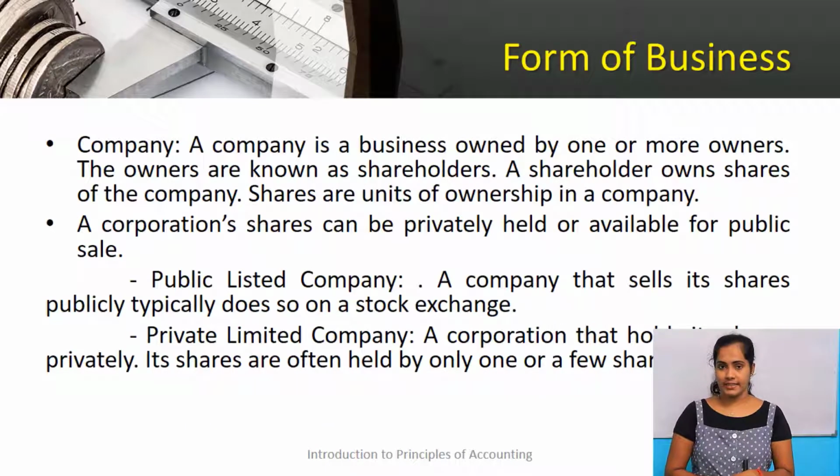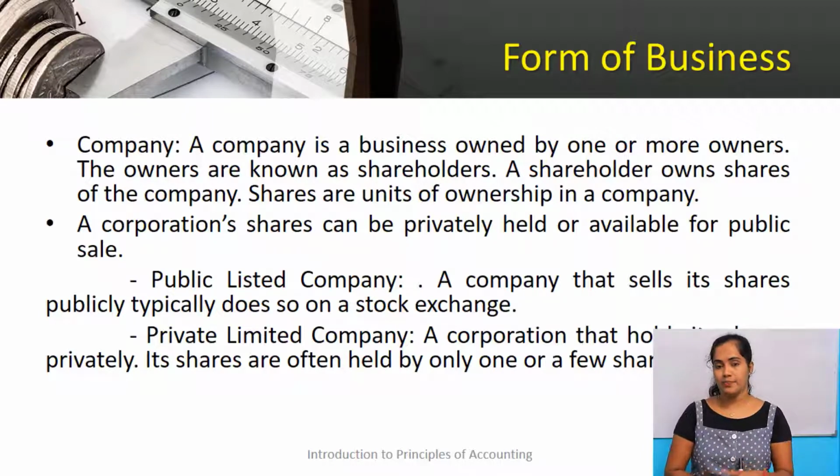The third category is companies. Worldwide, it's known as corporations, but in Sri Lanka, we call it a company. A company is a business owned by one or more owners. The owners are the shareholders of the company.